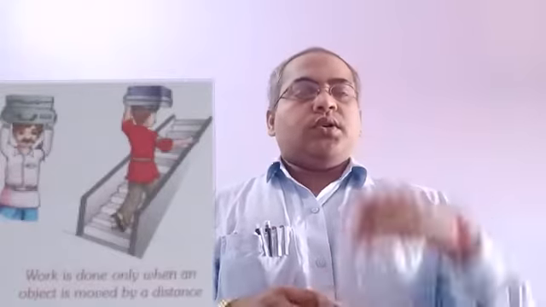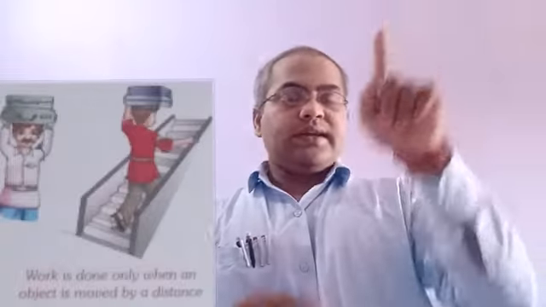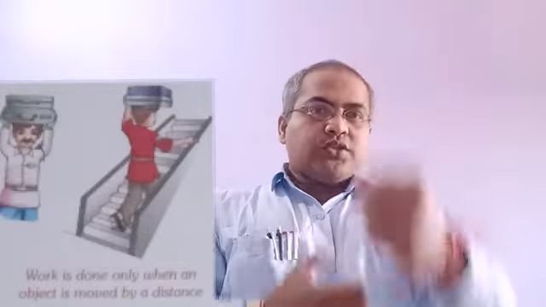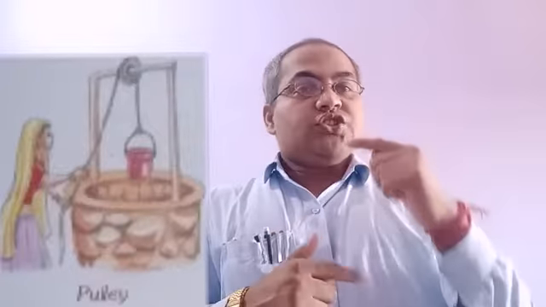If you recall in your village scenario, there is a rod and a wheel, and in the wheel there is a rope, and you are using force downwards, but the bucket comes upwards. So a pulley helps in changing the direction of force.